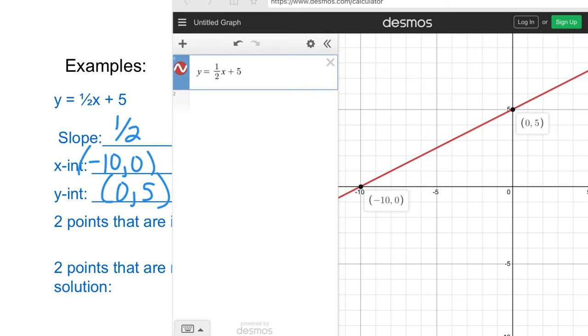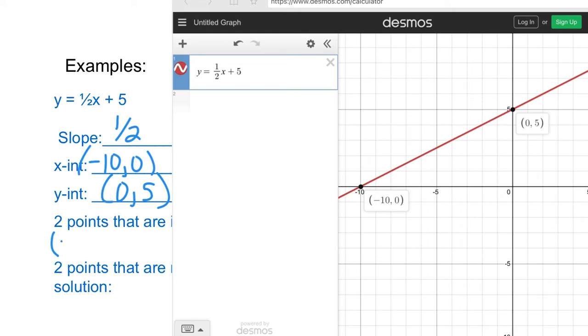Now, to find points that are in the solution, I'm just going to look for points that exist on the line. Lots of different things you could choose from. But just looking at this, I see that there's one right here at -8, 1. I see there's another one over here at -6, 2. Or -4, 3. You see, there's all these different ones, and we could go that way, too, if we wanted to. I'm just going to grab some of the ones that are most convenient.